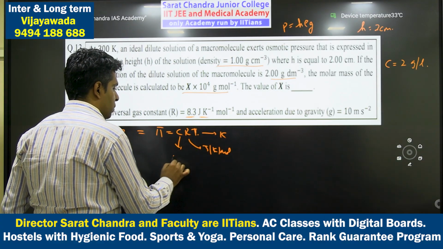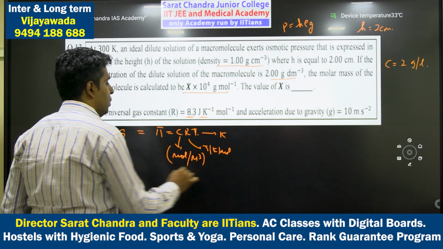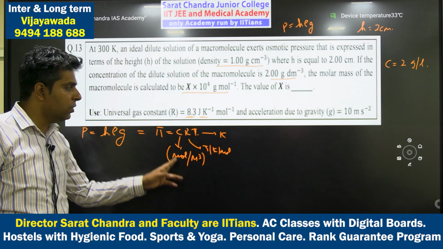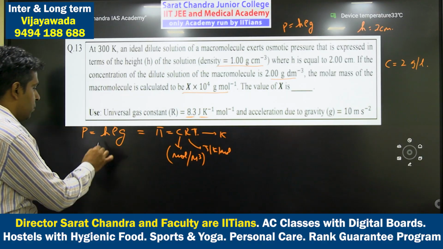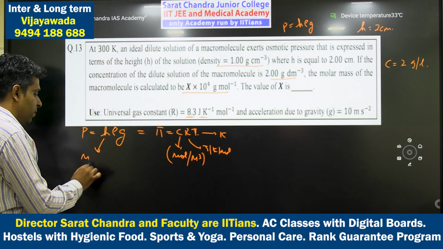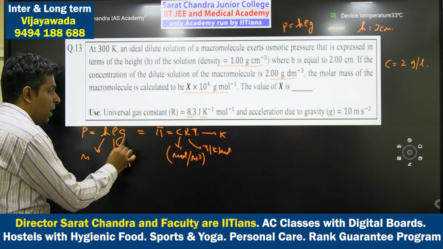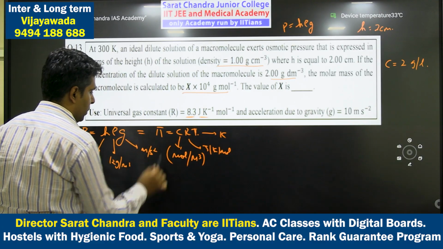In SI units, the concentration will be in moles per meter cube. The SI unit of volume is meter cube, not liters, so concentration you will take in moles per meter cube, not in moles per liter. Over here also we are working in SI units, so height will be in meters, density in kilograms per meter cube, and acceleration due to gravity in meters per second square.